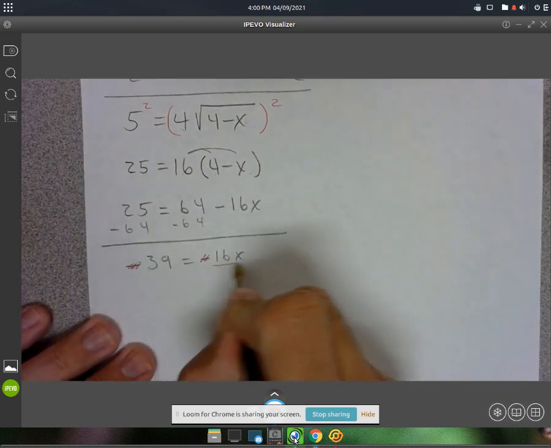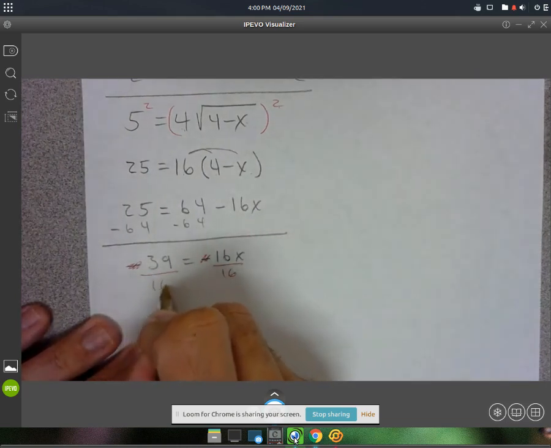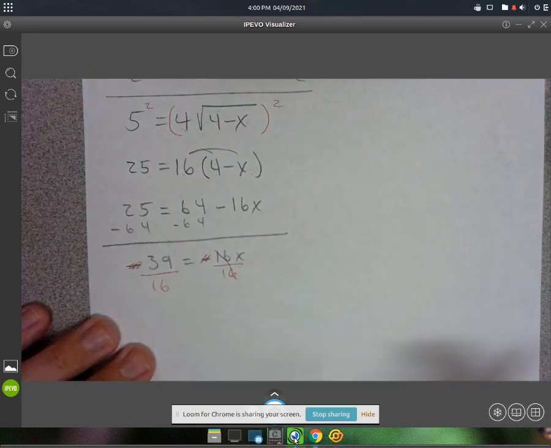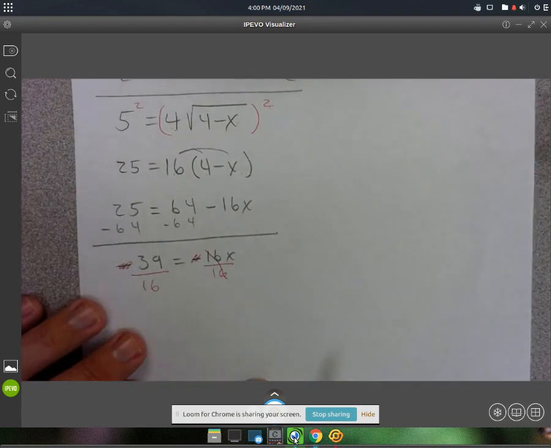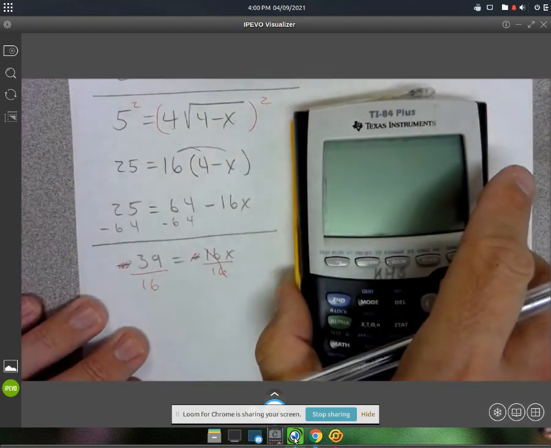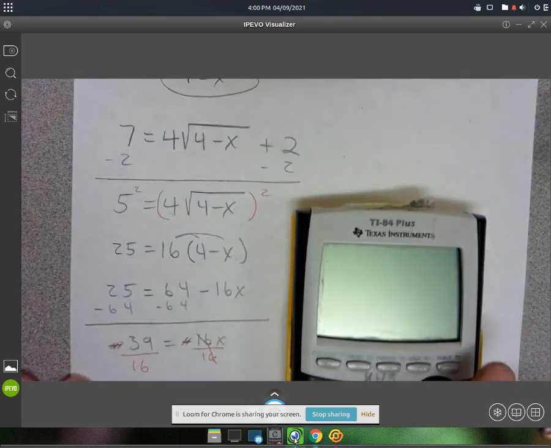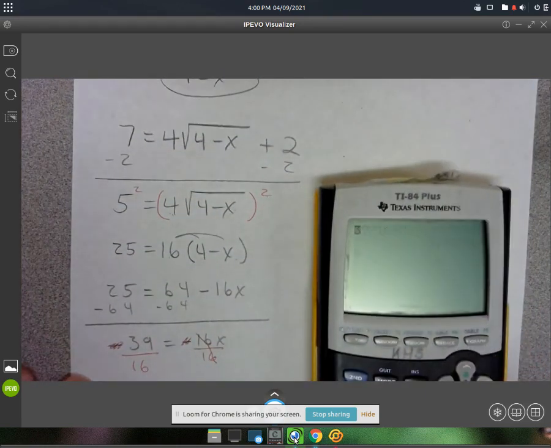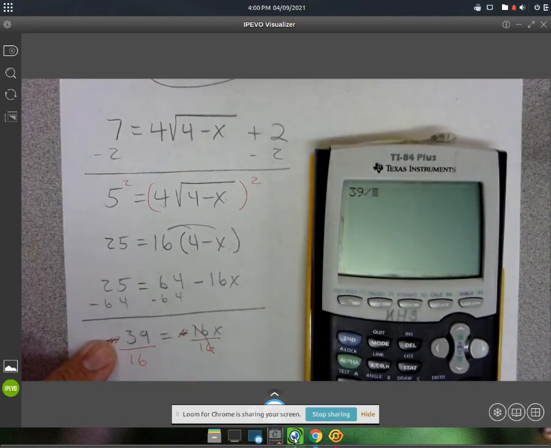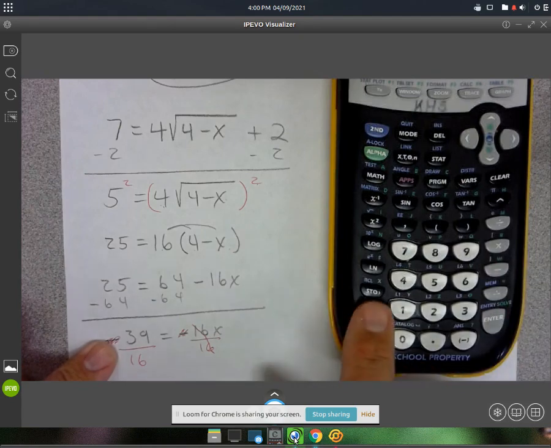Divide by 16. All right, so there's your ugly answer. x is equal to 39 over 16. What you would want to do from here, hopefully, if you have a little calculator, is to check your answer with it. So you could do 39 over 16 store to x. Remember the store button's down here.